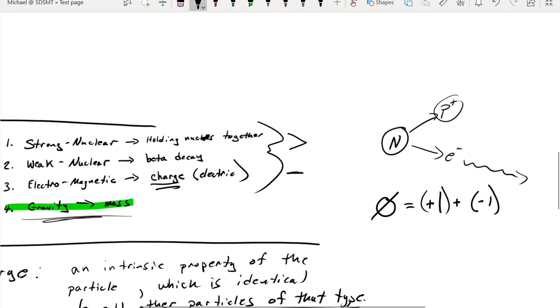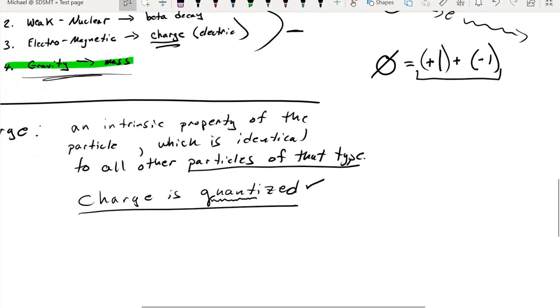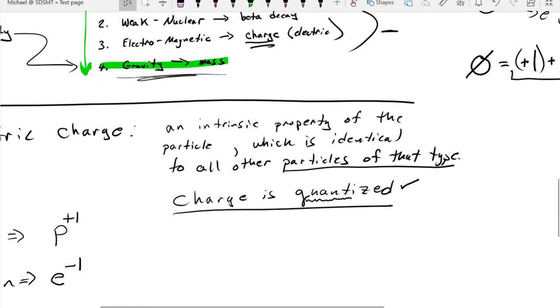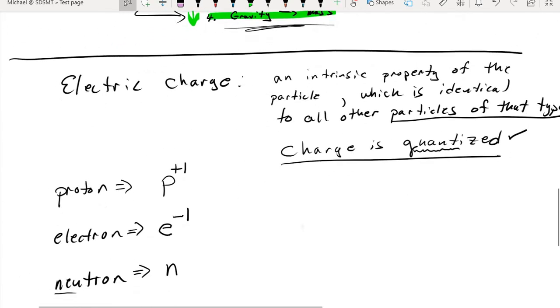While that is a true statement, +1 and -1 make 0, but this helps us to sort of justify how the proton and the electron can have equal and opposite charge values.